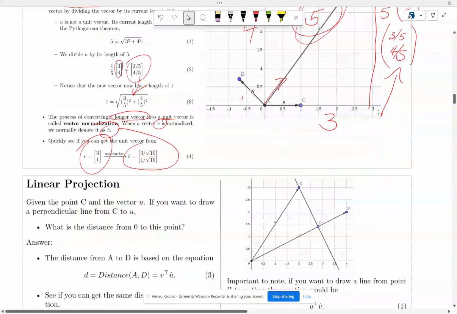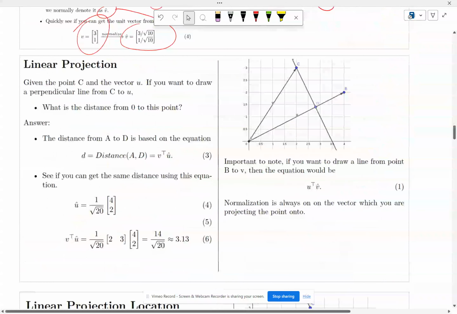Okay, so let's move on to the concept of projection. So with projection, given a point C and the vector u, okay? If you want to draw a perpendicular line from C down to u, so that this is perpendicular, well, first question, what is the distance from 0 to this point?